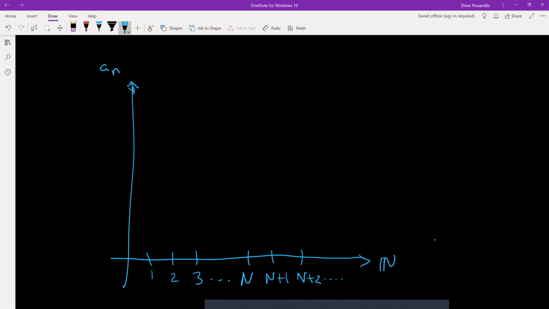And let's say right here this is a_1, and then it jumps to here's a_2. And then let's say it does some crazy stuff. Let's say it jumps to here's a_3, and then slowly, say that's a_4.